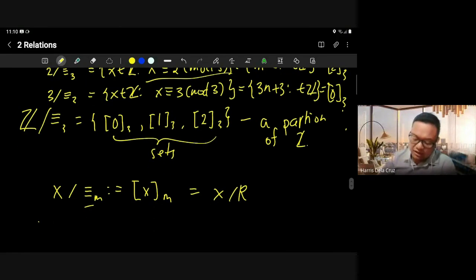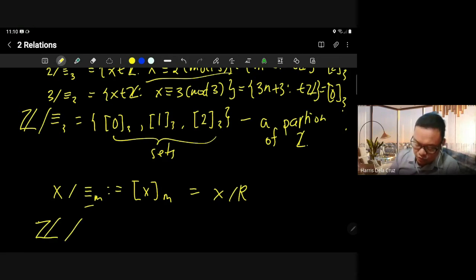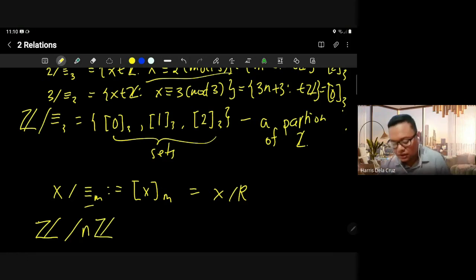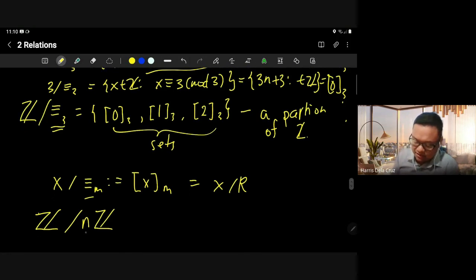Similarly, in number theory and abstract algebra, meron tayong ganitong quotient class. Actually, itong modular relations na to can be induced by this set NC. Ano yung NC? This is actually the set that leaves a remainder 0 when you divide, or all elements of this set leave the remainder 0 when you divide by n. So from here on forward, we can use a simple notation for this as C sub n.